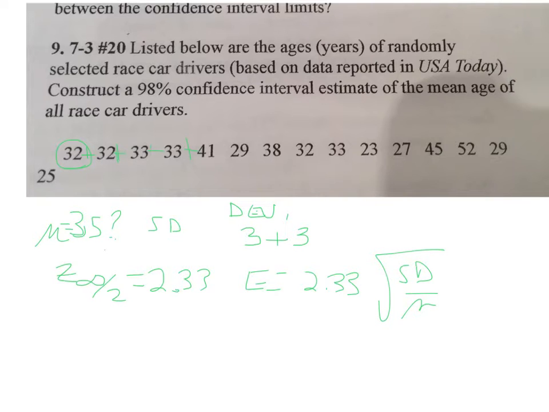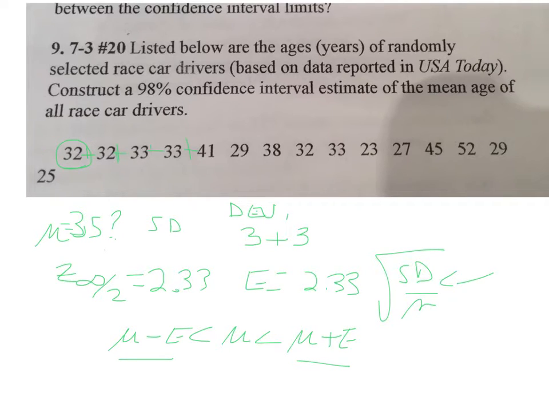And that means that when you do your confidence interval, it's going to be your mean minus your error, and your mean plus your error on the other side, and that's the range that the mean can be in order to be 98% confident. So that one's pretty easy. It's just a lot of calculations that you need to go back and do to get the numbers for the SD and for mu for your mean.